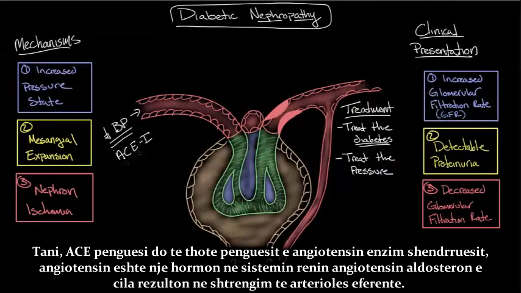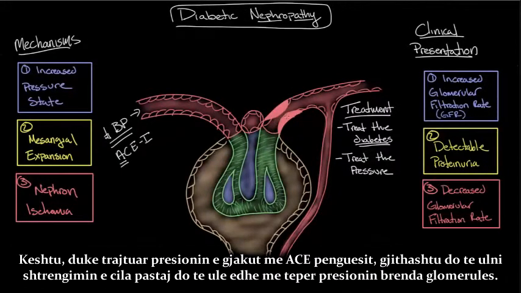Now, ACE inhibitor stands for angiotensin converting enzyme inhibitor, and angiotensin is one of the hormones in that renin-angiotensin-aldosterone system that results in the efferent vasoconstriction. So by treating the blood pressure with an ACE inhibitor, you're also going to decrease this vasoconstriction to further decrease this pressure state within the glomerulus.